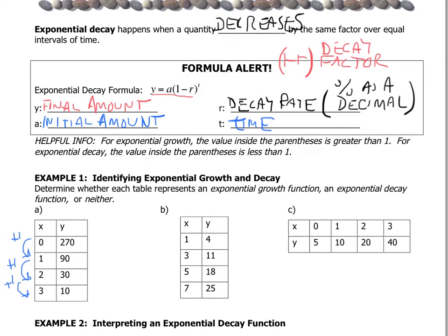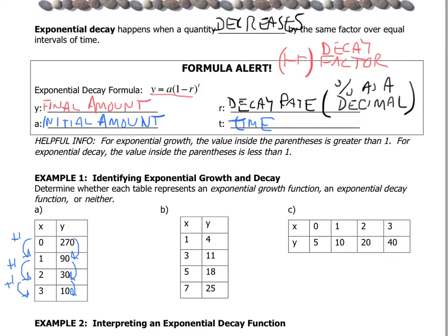It's important to see that we're changing by something steady. When we look at the y values, we don't see a nice plus number. But what we do see is 270 divided by 3 is 90, 90 divided by 3 is 30, 30 divided by 3 is 10.